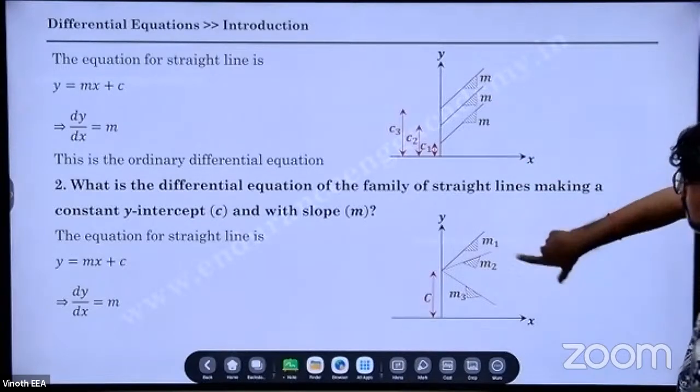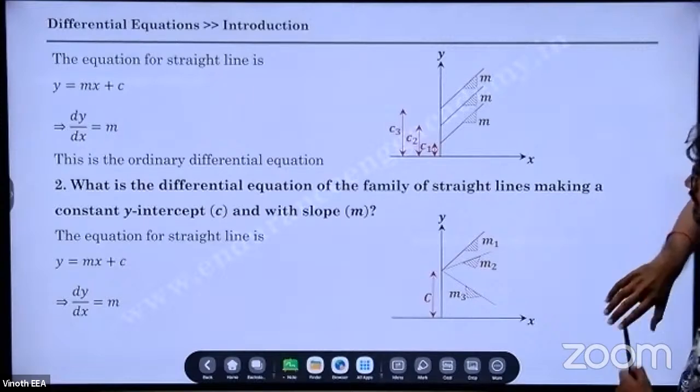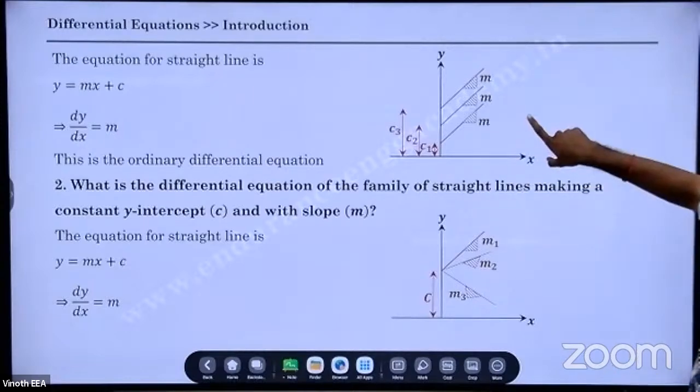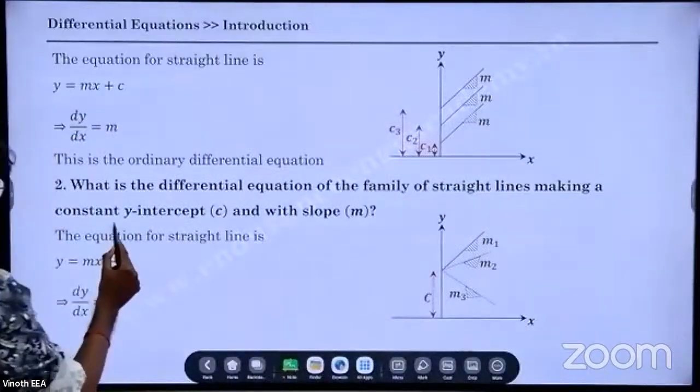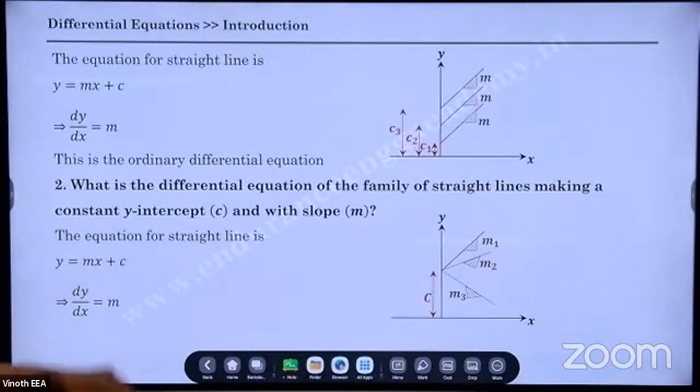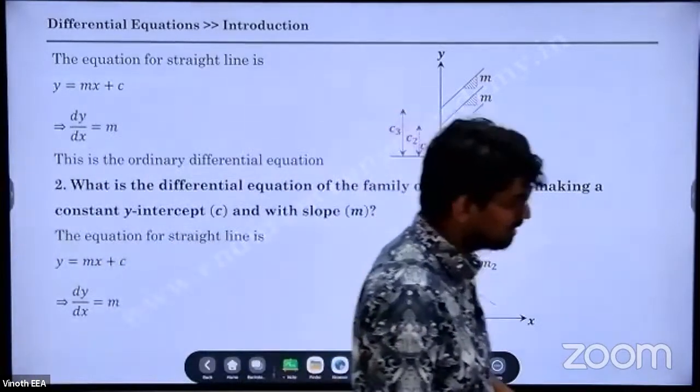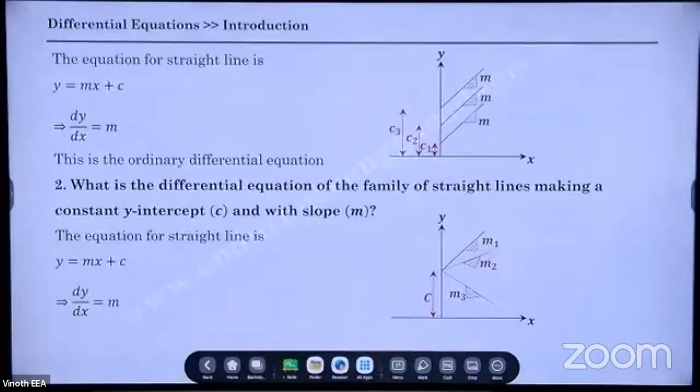Diagram is also there, and this diagram is also there. First question, node solution. Second question, y-intercept constant, m on the variable. It's a very simple concept.